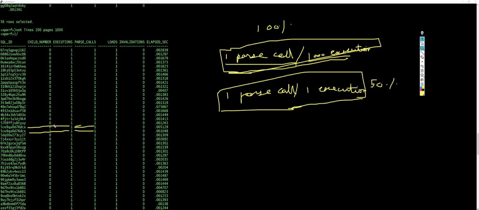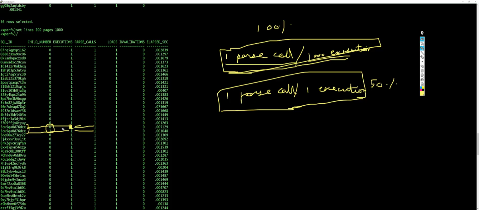Why? Because there are two child numbers, that's why each parse call has one execution. It should be something like one parse call with two executions, because there are two executions of this SQL, but because the child number is incremented by 1, it is not showing as 2, it is showing as 1.